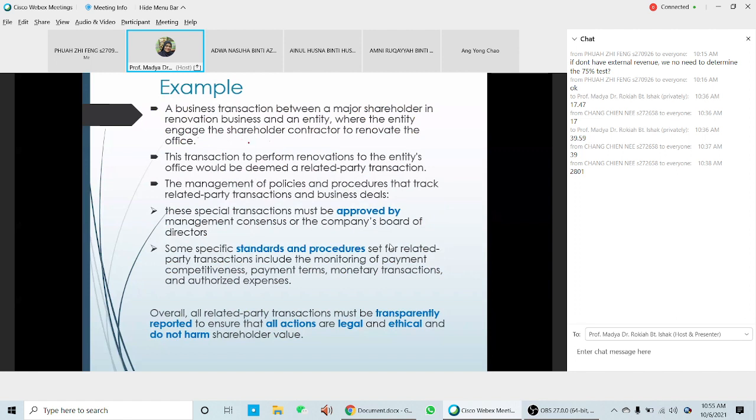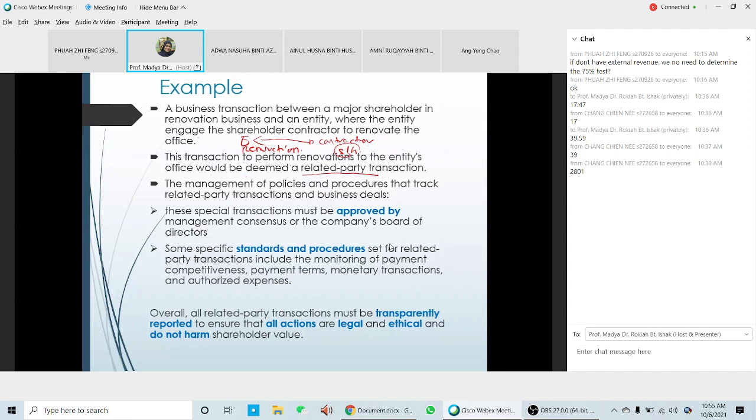So the entity wants to renovate the office, so they hire a contractor, and this contractor is their shareholder, meaning they have influence here. The transaction to perform the renovation of the entity's office will be deemed a related party transaction because this contractor is a shareholder of this entity. So they are going to consider it a related party transaction.